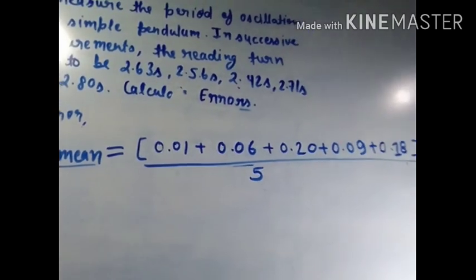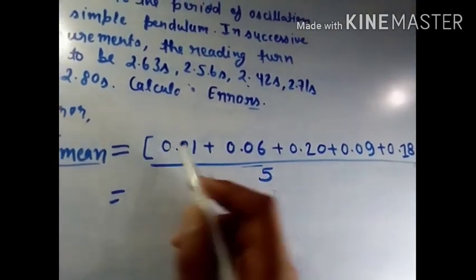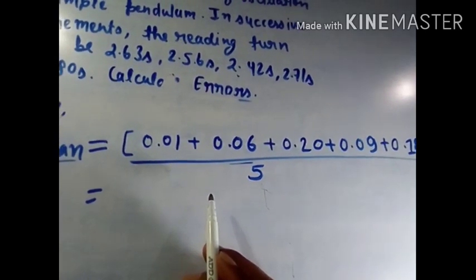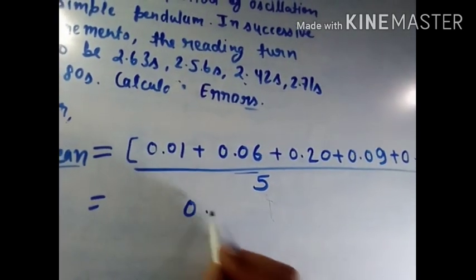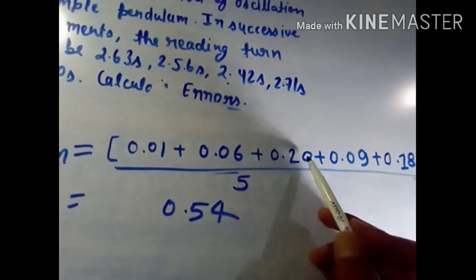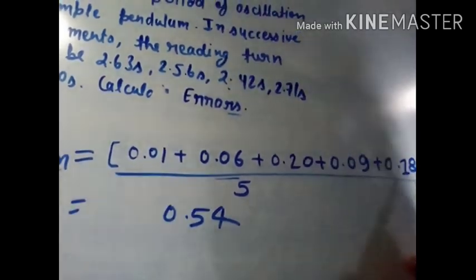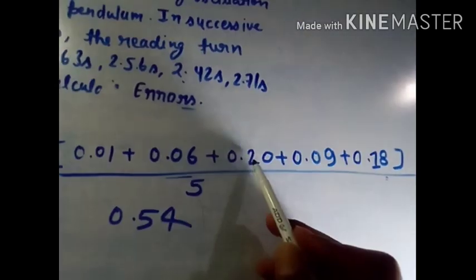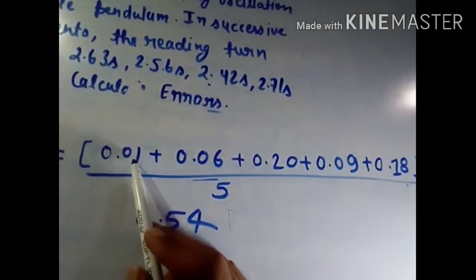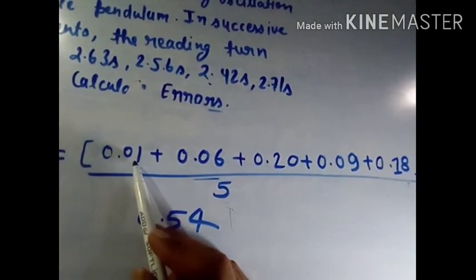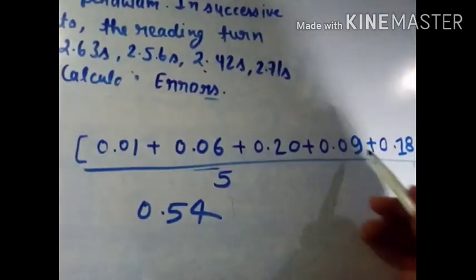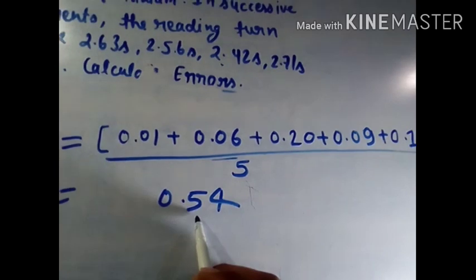When you add them, quickly add them, pause the video and quickly add them. You will get 0.54. Simply you can add it along with me. Look here, this one is 18, this one is 20, add up 38, and 38 plus 1 is 39, 39 plus 6 is 45, and 45 plus 9 comes out to be 54.